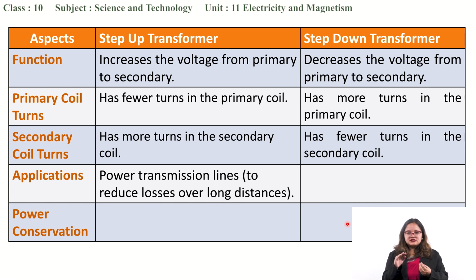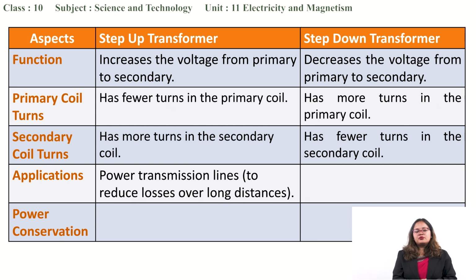If the current is decreased for long distances, there is also what? There is less loss of energy. It will help to reduce the loss over long distances. So step up transformer is very useful for power transmission lines, just to reduce the loss over long distances.